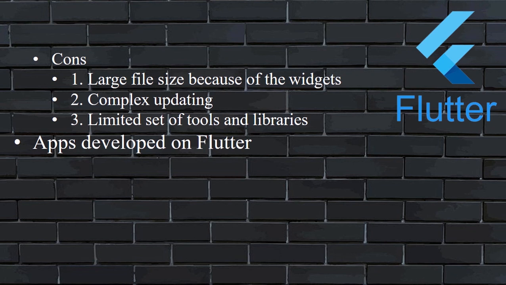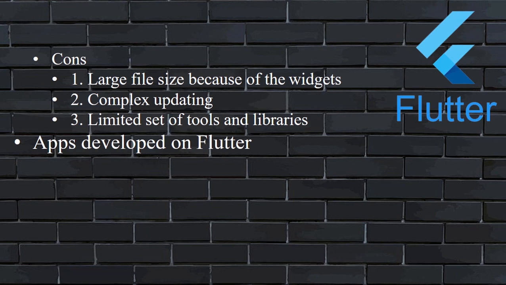If we need some other methods in our applications, we need to include other libraries. This is why our application size gets bigger and takes a large size. These are the disadvantages and also advantages of Flutter.